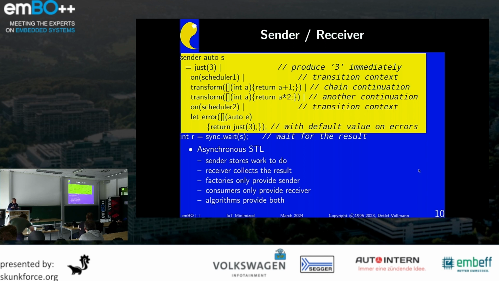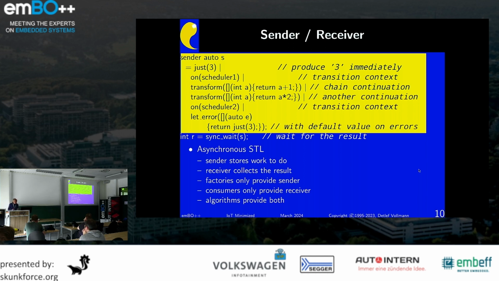So the first just produces the number 3, an integer, then you switch to another execution context, and then on that you do 2 computations, those transforms, and then you switch again to another execution context, and then you say, okay, should there have been any error? Well, with our computation there shouldn't be an error, but anyway, should there be any error, then always just return the number 3.